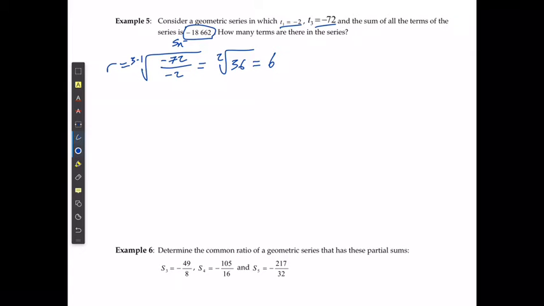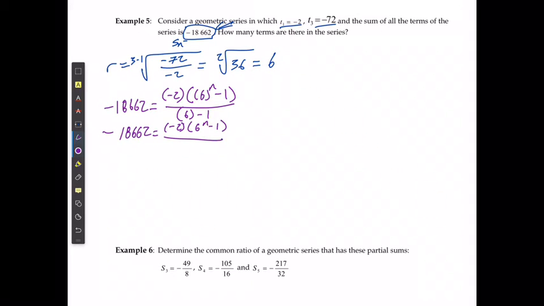Because I know what the sum of the terms is, but I don't know the value of the last term, I'm going to say that -18662 is equal to the first term times the ratio to the power of n minus 1 over the ratio minus 1. -18662 is going to equal negative 2 times 6 to the power of n minus 1, all divided by 5.